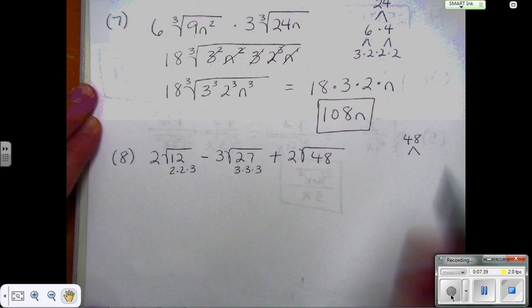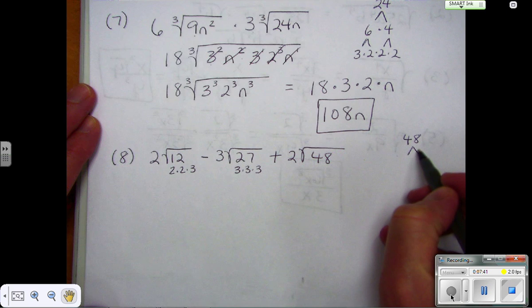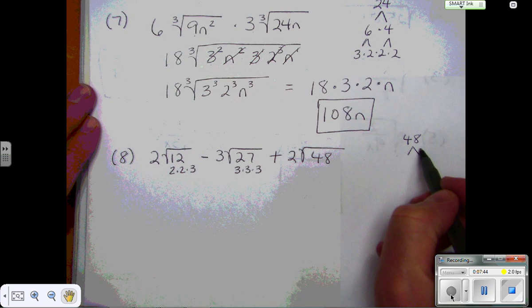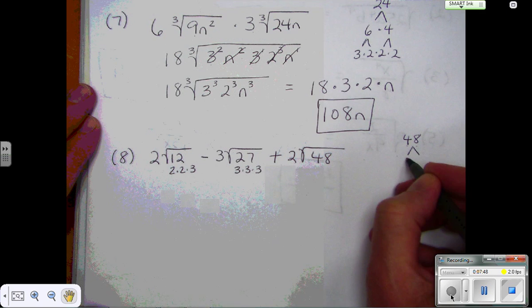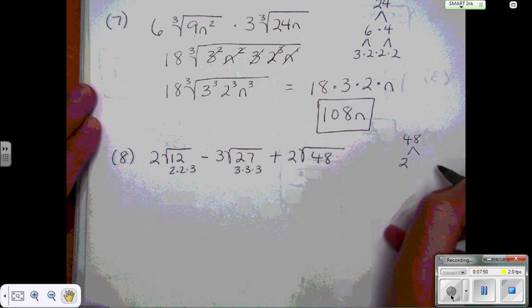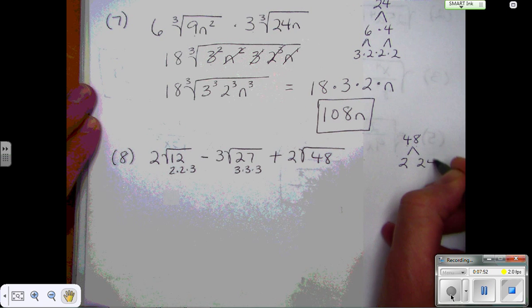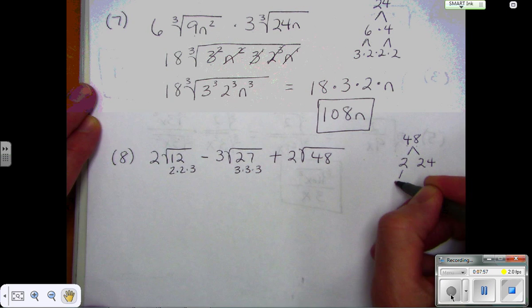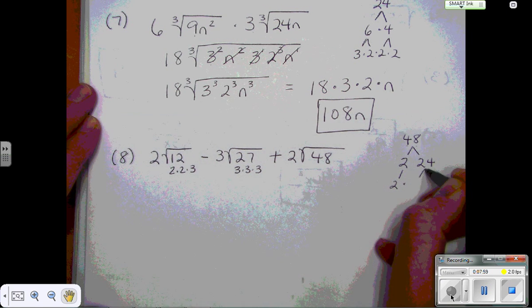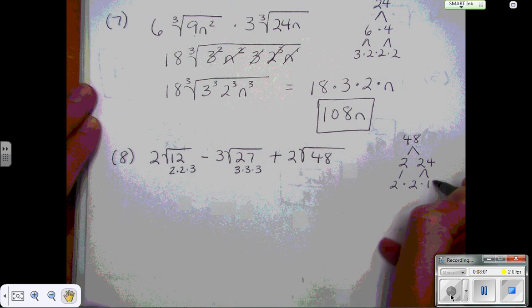And if you don't know what to divide by, just start with 2 if it's even. Start with the smallest number that you can. So since 48 is an even number, I can divide that by 2. And 2 goes into 48 24 times. So that gives me a starting place. And then the 24, I can divide that by 2 as well. That's 2 times 12.